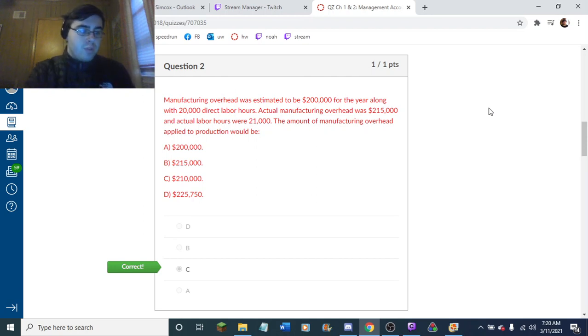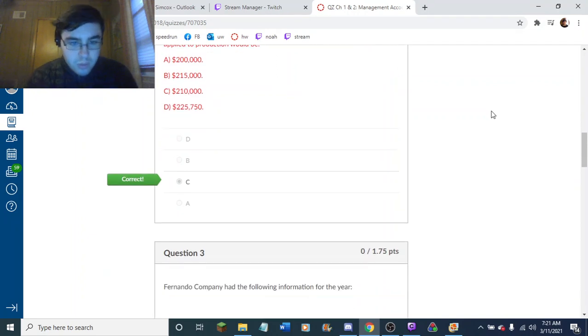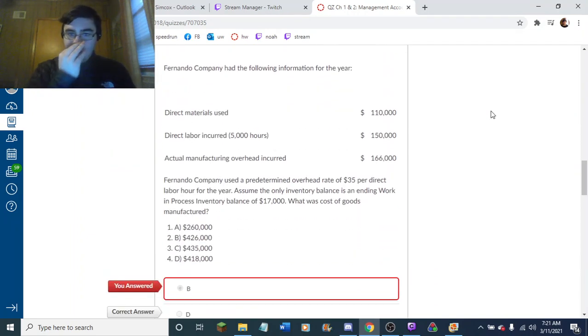So 200,000 divided by that, and then you do 10 times the amount of labor hours, which is 210,000. This I got wrong. Cost of goods manufactured.